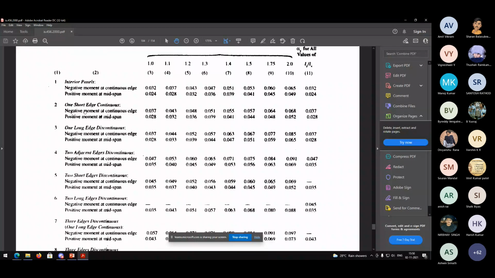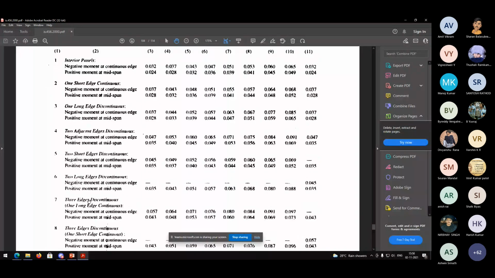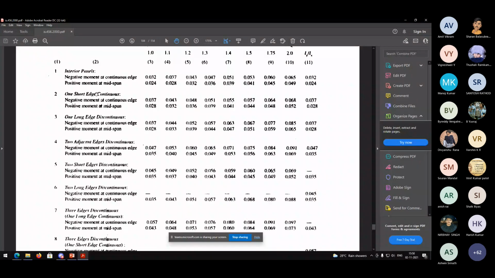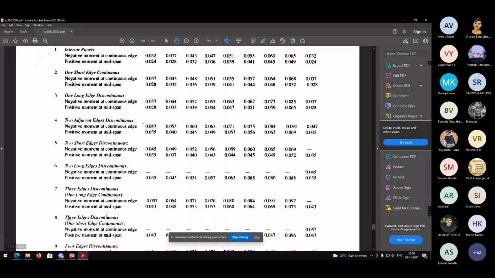So this is actually one short edge continuous. This is actually one short edge discontinuous. It's a mistake. This is one short edge discontinuous, one long edge discontinuous. One short edge continuous is present over here, number 8. So this is a mistake. This is one short edge discontinuous.